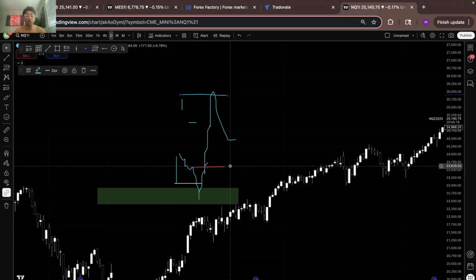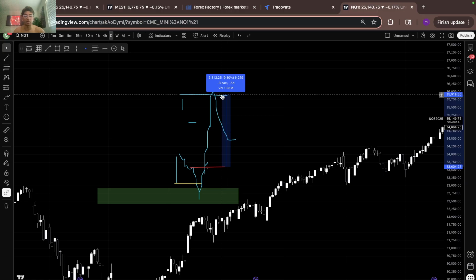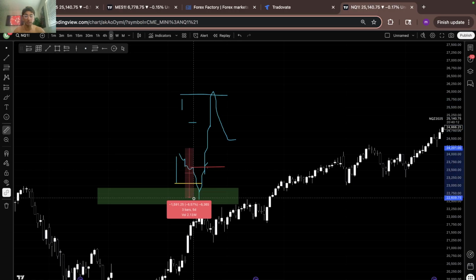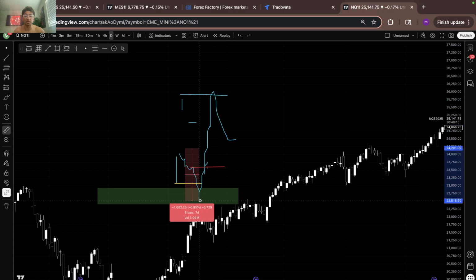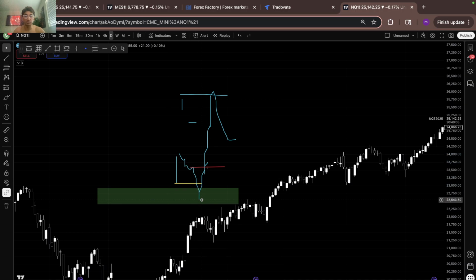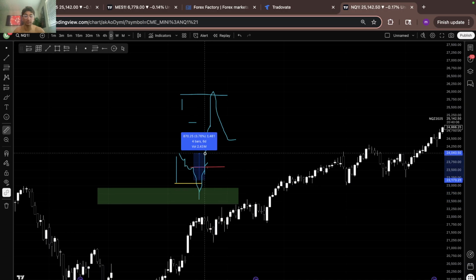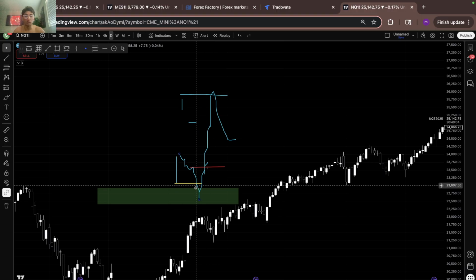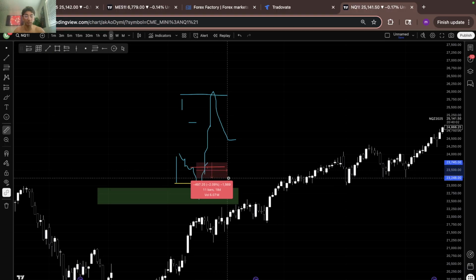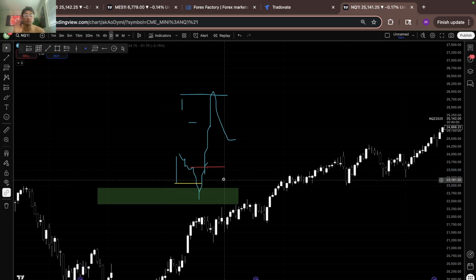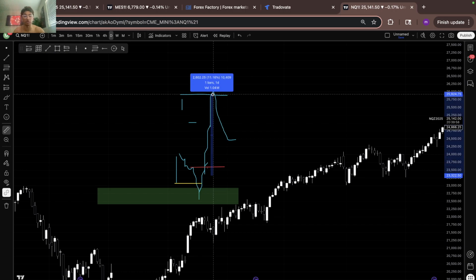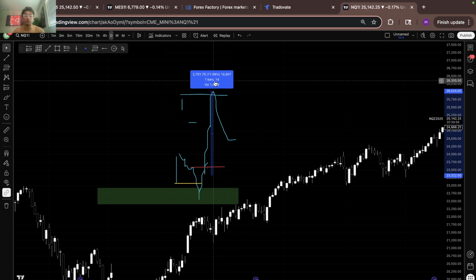So this is the part of the market that we want to trade, right? Yes, you can trade this manipulation leg, right? Yes, you can trade down here, I guess, whatever. What's best is to either wait for the change in state or trade off liquidity. But the main part that you want to trade is this distribution leg back up to ERL.